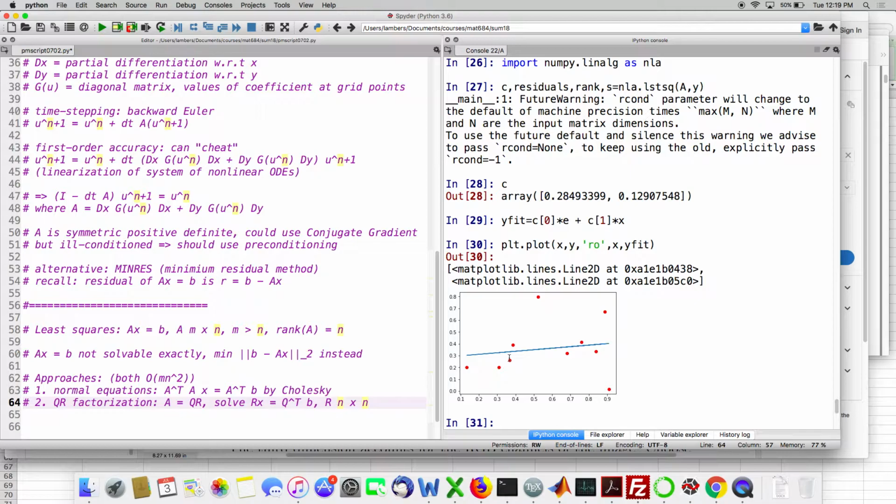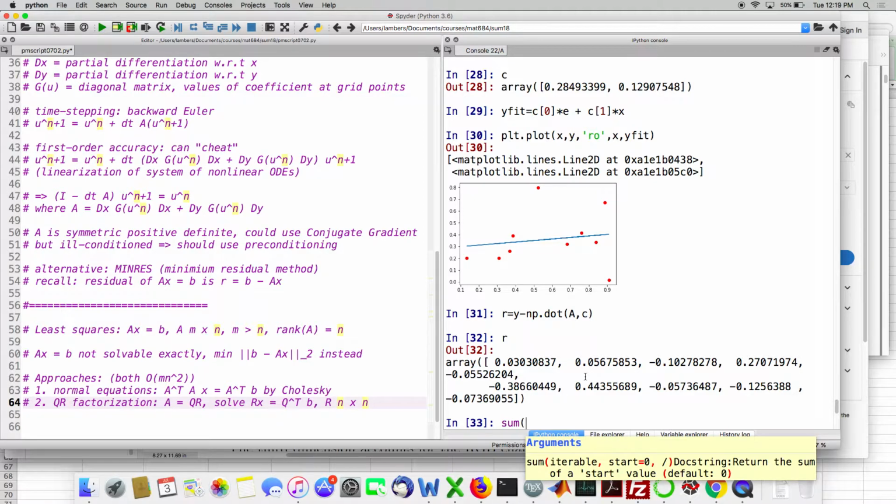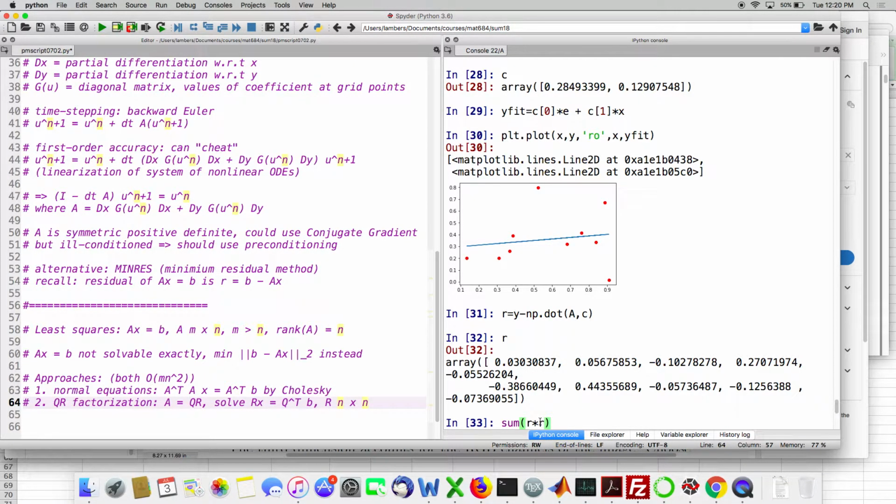Now, if I wanted to compute the residual vector, that would be my right-hand side minus the matrix-vector multiplication of the matrix A and my solution C. And if I do a sum of R times R, which you can't do in MATLAB, you have to do r dot star.